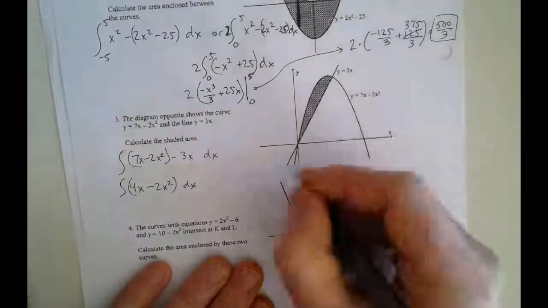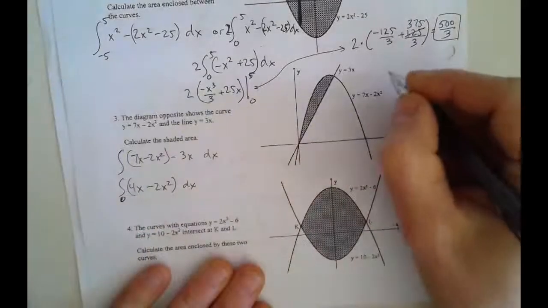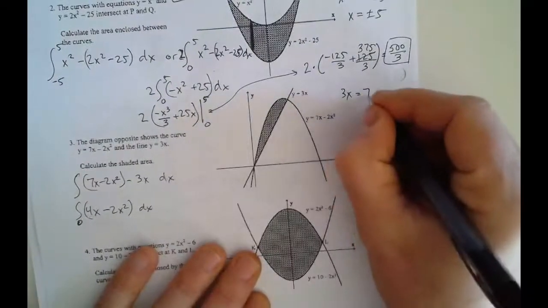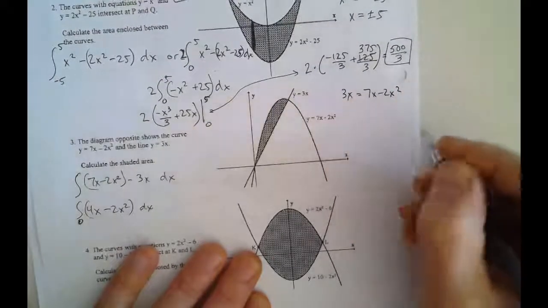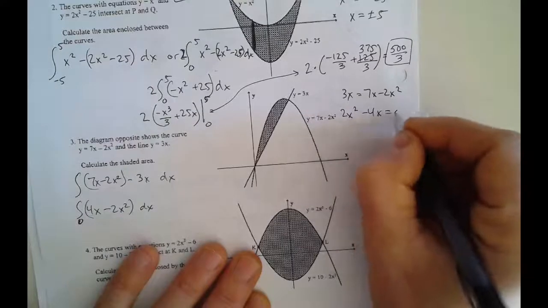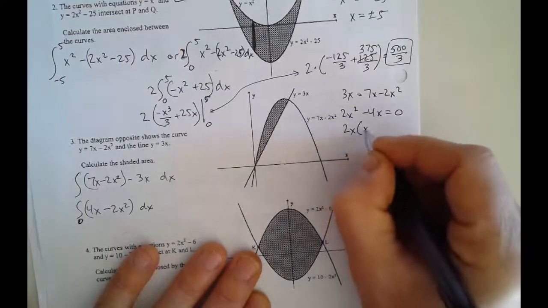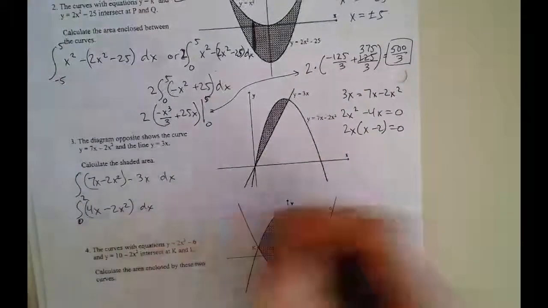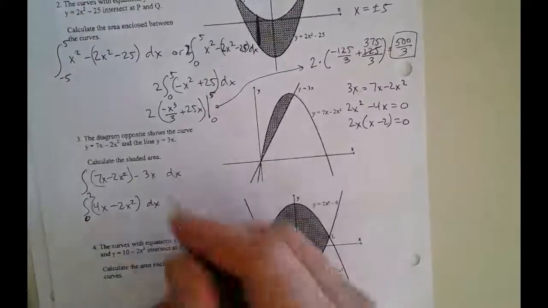We can see that one's at 0. That's nice and easy. If I set 3x equal to 7x minus 2x squared, then 2x squared minus 4x equals 0. Factor out the 2x. So the other intersection is at 2. Great, so we have 0 and 2 as our bounds.